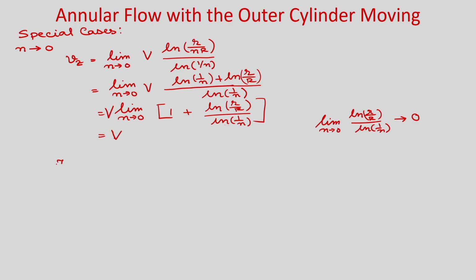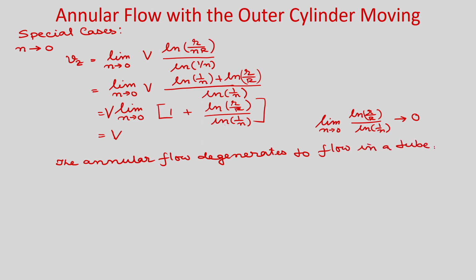You can see that the fluid inside will have the same velocity which has the magnitude V. Okay. So, that means it is a plug flow, right. So, the annular flow degenerates to flow in a tube. Okay. So, this is a solid body translation you can see.